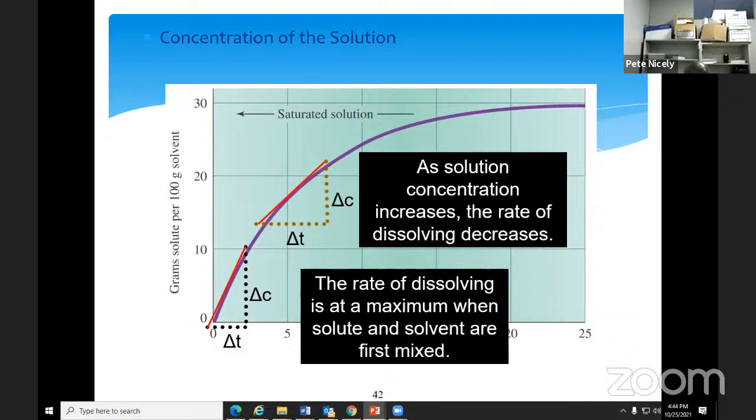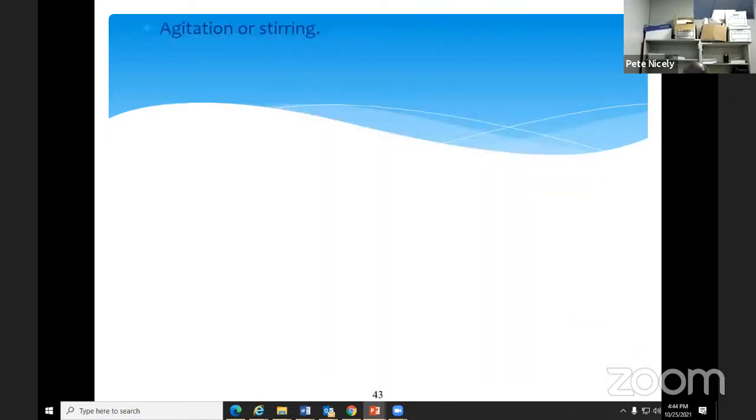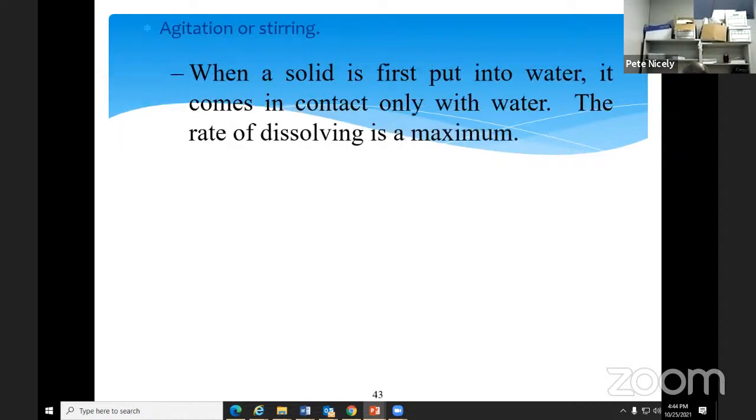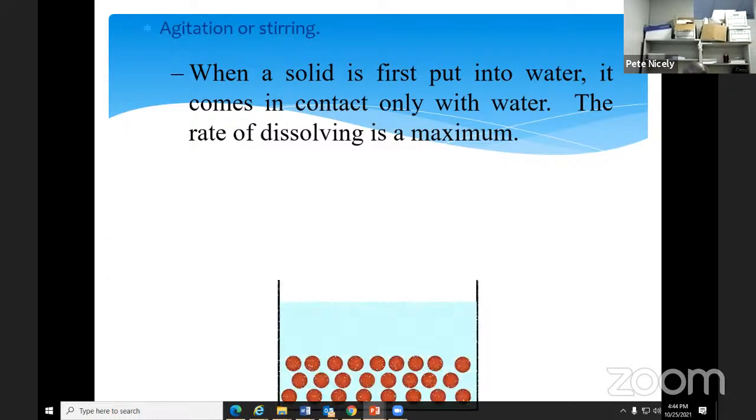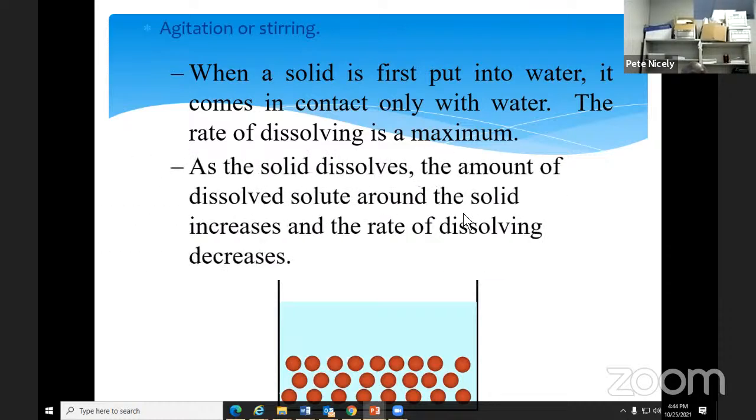As the solution concentration increases, the rate of dissolving decreases, all right? Now, of course, in practice, when you are dissolving any solid in a liquid, if you want to maximize the possibility of the solid dissolving, then you would have to do some stirring. If you leave it to sit for a while, then it takes a longer time for the solid to go into solution, all right?